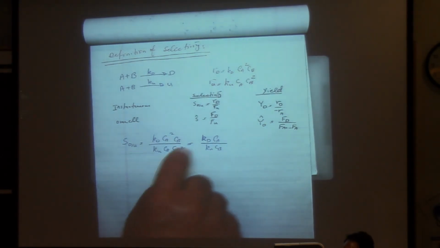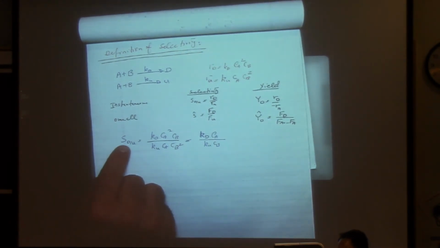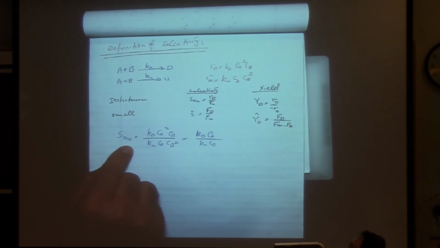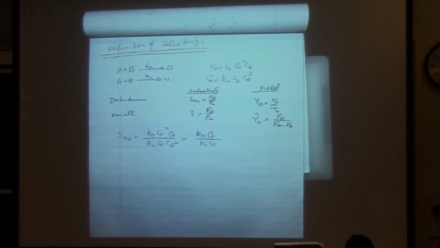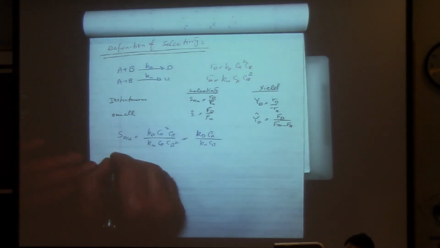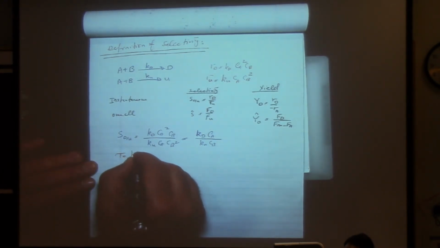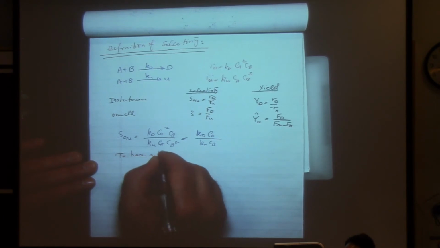So if you want to have a good selectivity of desirable over undesirable for this specific reaction, what would you suggest? What is your suggestion?